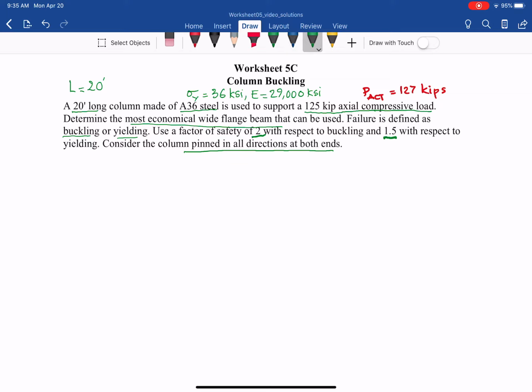So from that, let's start this problem by modeling the column. So that is the column and pinned at both ends.